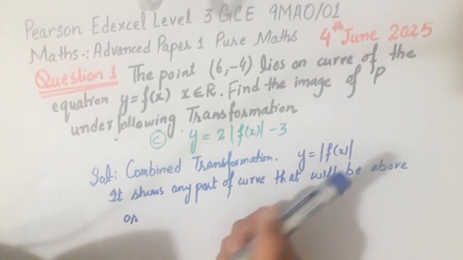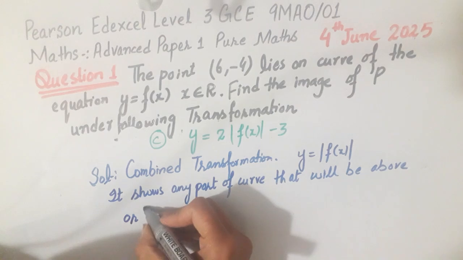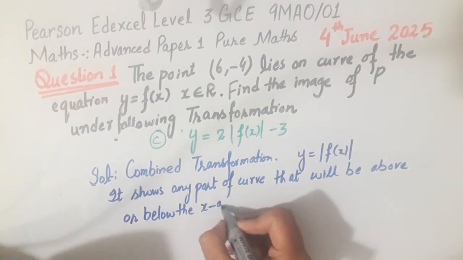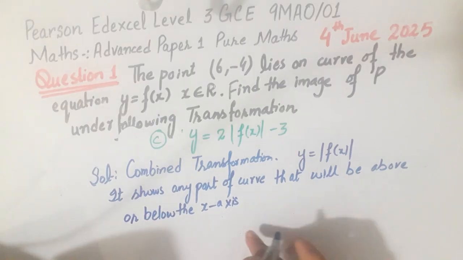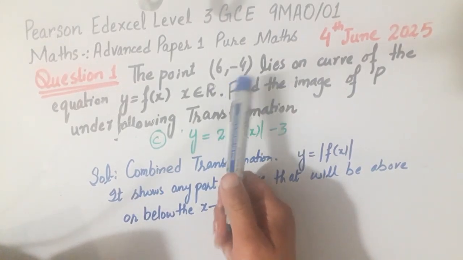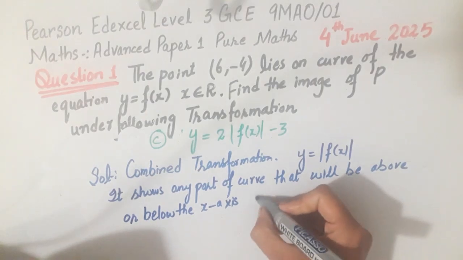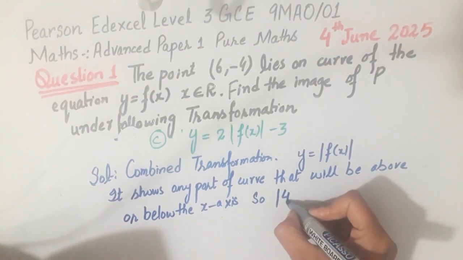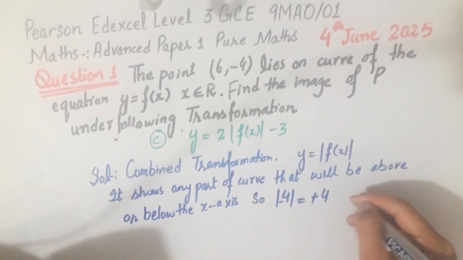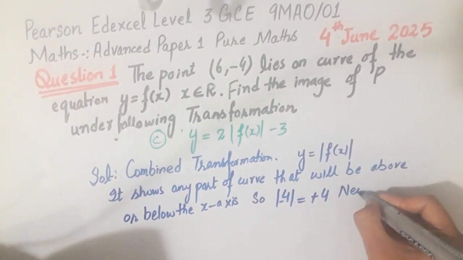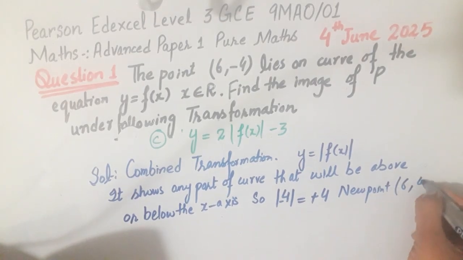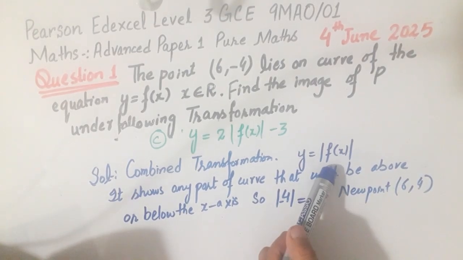According to this condition, below the x-axis, the y coordinate that is minus 4 becomes plus 4. So the new point is 6 and plus 4 because this will be mod.